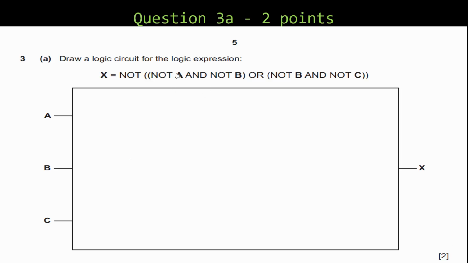So let's go ahead and handle the inside parentheses first. So we have not A. I'm going to draw my triangle, and what I want to do is put an open circle so my examiner knows it's my not gate. So I have not A and. I'm going to draw my AND symbol, which looks like a D. My students call it a spaceship.